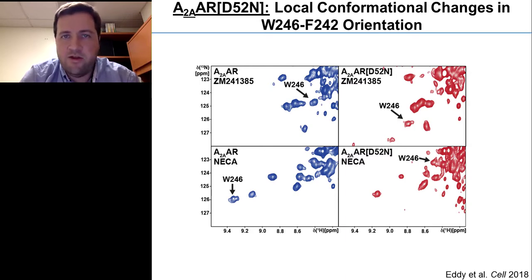On the right, we independently assigned the toggle switch tryptophan for complexes with antagonists and agonists, and we see that the position or chemical shift of this toggle switch tryptophan is different, indicating local differences in the relative orientation of this toggle switch tryptophan to that PIF activation microswitch.